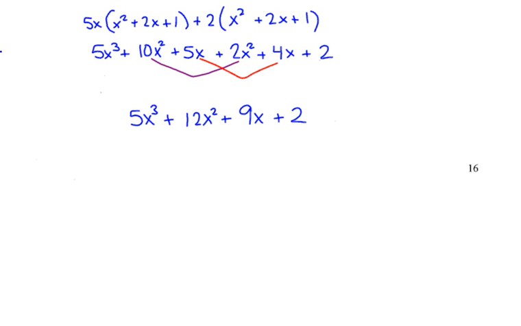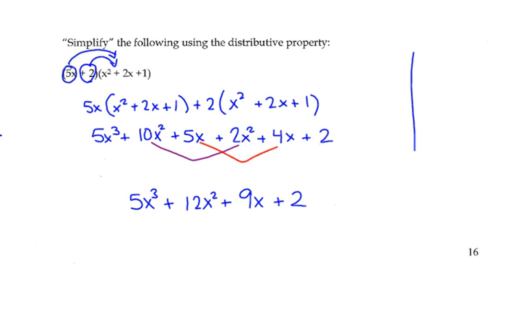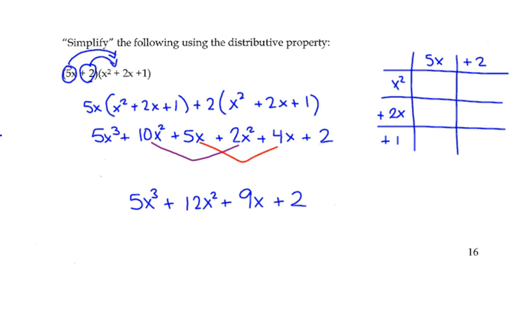Okay, really quickly, I'm just going to show it for this one example. Could you use a chart in here? You sure could. We have 5x plus 2. It doesn't matter where you put the 5x plus 2. Let's put it on the top. And then we have an x squared plus 2x and a plus 1. It's really the same idea. 5x cubed, 2x squared, 10x squared, 4x, 5x, and 2.